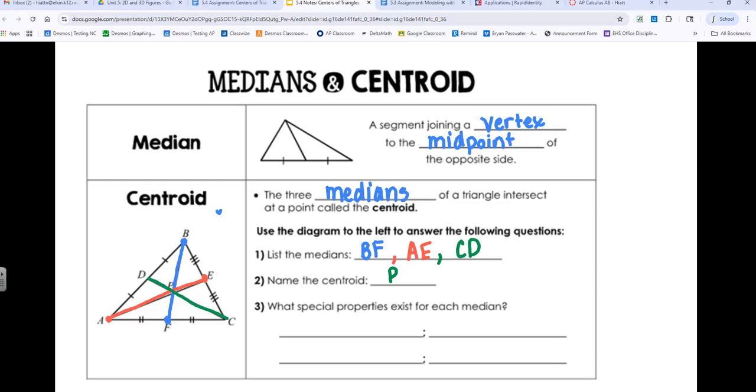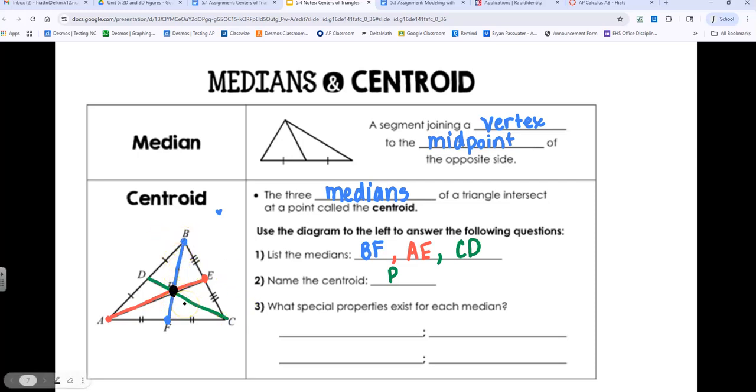Now, the medians have kind of a strange property. Each median, if we look at where they cross right here, gets split into a short piece and a long piece, right? So, for example, PF right here is our short piece, and PB would be our longer piece.